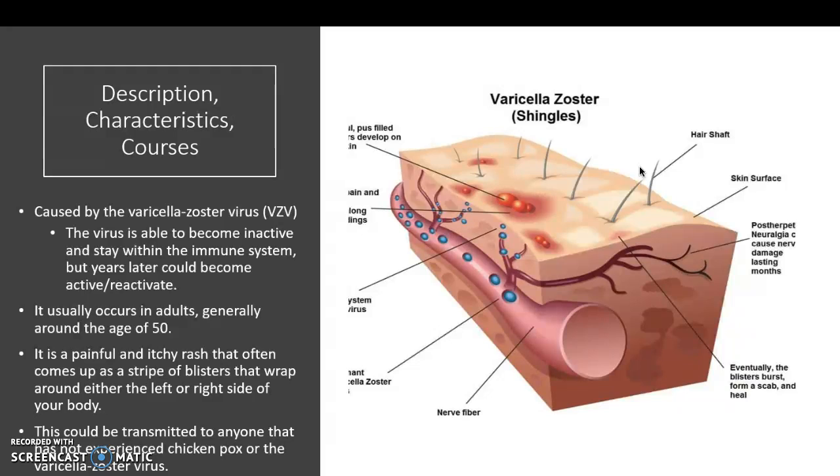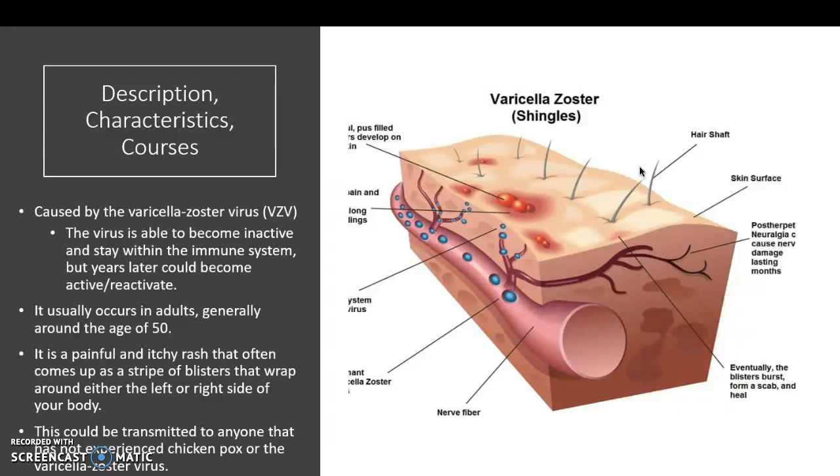This could be seen as lesions. And since this does involve active lesions, this could be transmitted to anyone that has not experienced chickenpox or has not gotten the vaccine for the varicella zoster virus. It is transmitted when there is direct contact with the active shingles lesions.